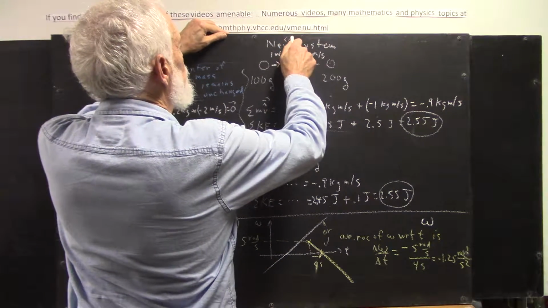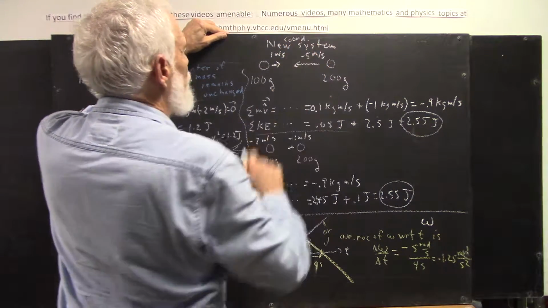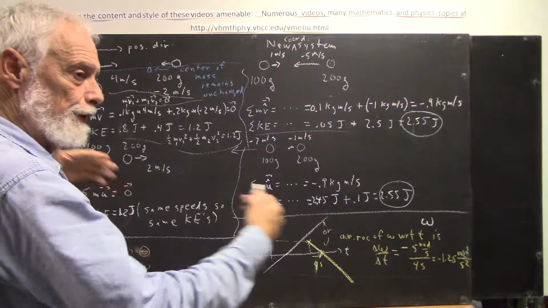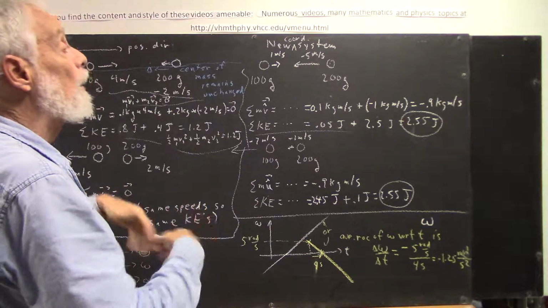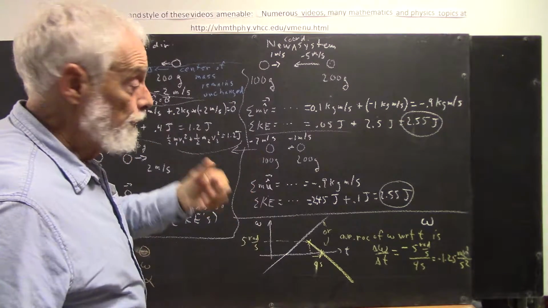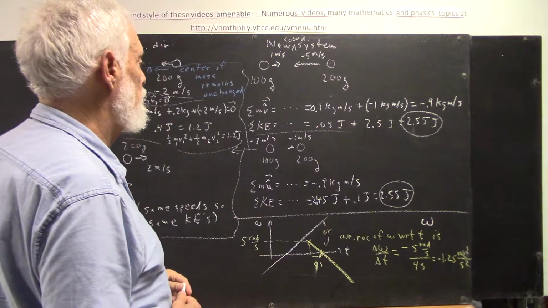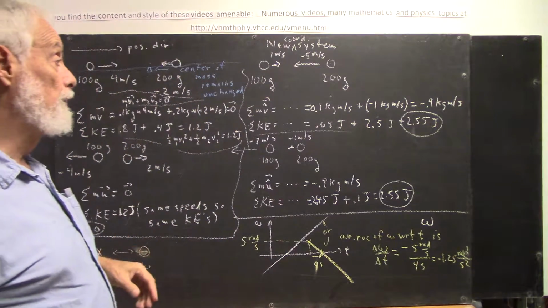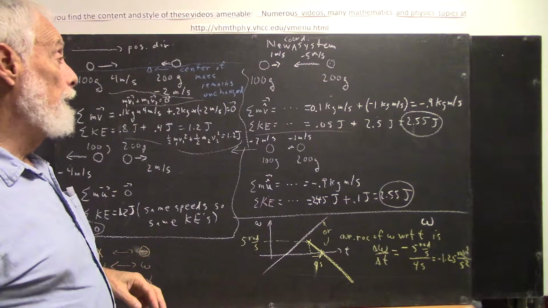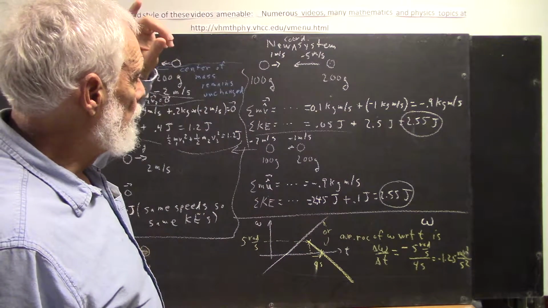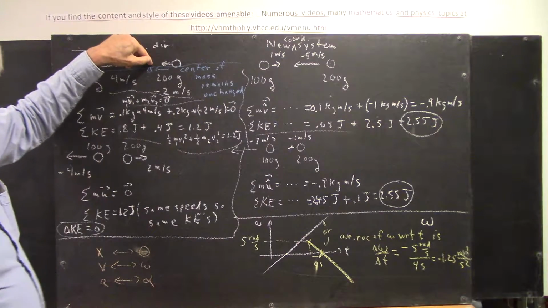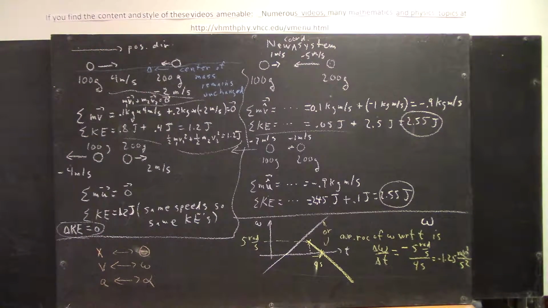So let's say this is a new coordinate system. I keep wanting to put the word coordinate in there because we can talk about the system consisting of the two objects, or the coordinate system from which we're measuring the velocities of those two objects, velocities, positions, whatever. Okay, so in the new coordinate system, the center of mass here is moving at -3 meters per second.